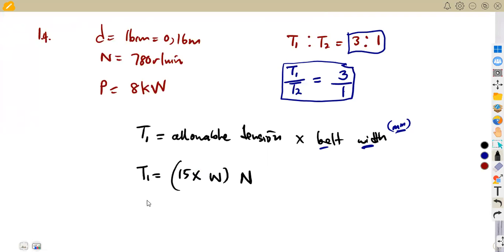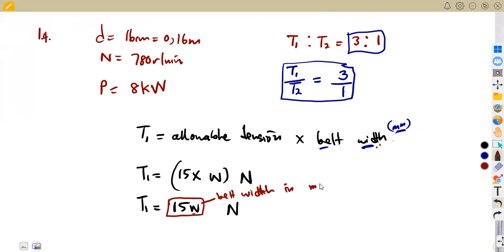So T1 was supposed to be given as 15W in Newton, whereby the W represents the belt width, which is in millimeters.